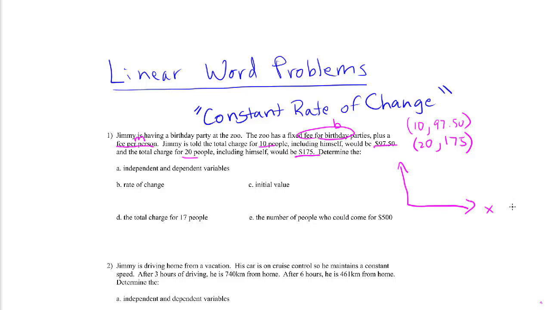X, in this case, is number of people. Y, in this case, is dollar charge for entrance to the zoo. Okay? So what is my rate of change?